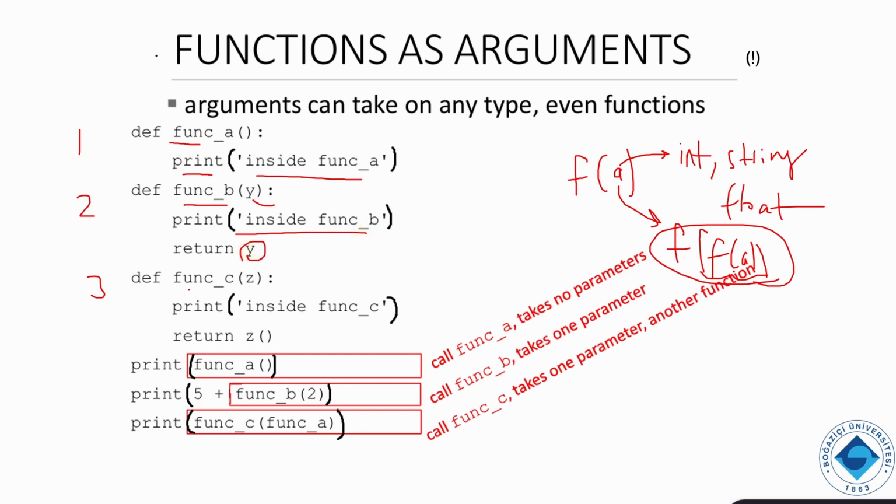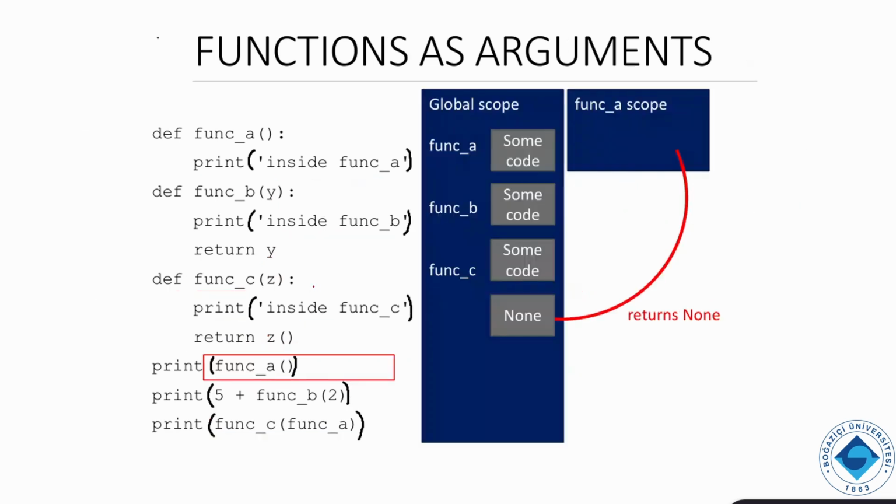The last function, function C, takes some parameter, even a function as I said before, and after that it prints some string, returns, and calls the other function. I know it is a little bit complex at the moment, but I will explain it using an example, right? Just give me a few seconds.